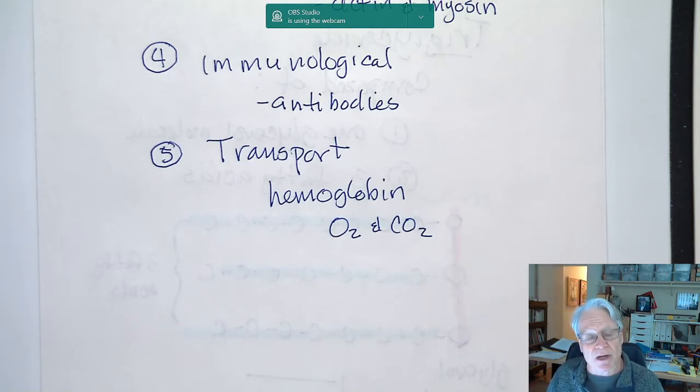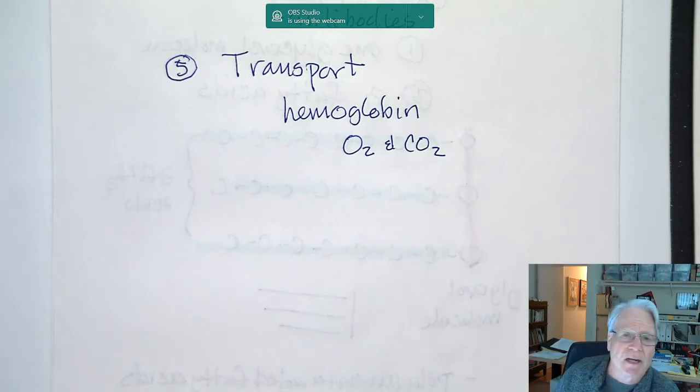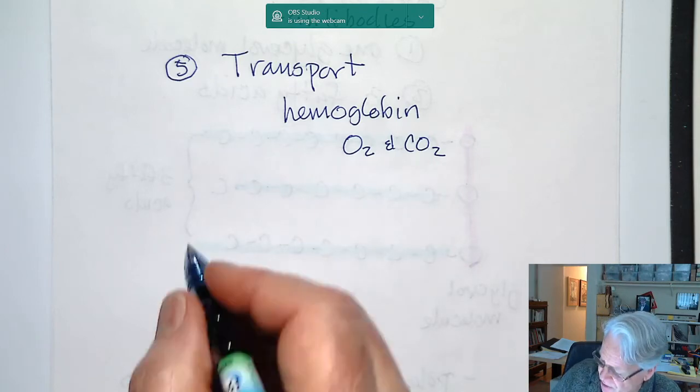The answer is a protein will bind to it, and that will be the mechanism by which we transport these insoluble substances within our body. You'll learn more about that later on in some of the other organ systems, particularly the digestive tract. So transport is a very important function for proteins.